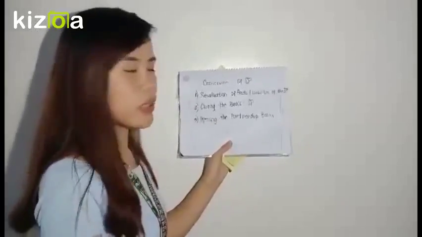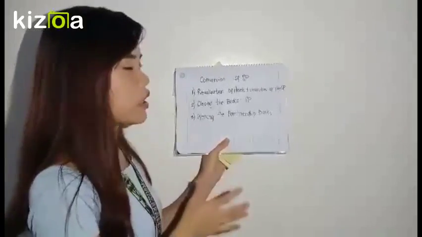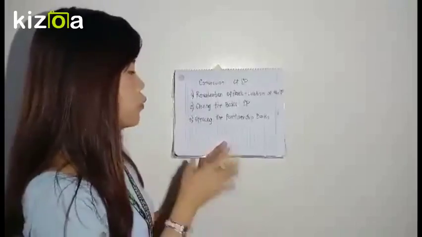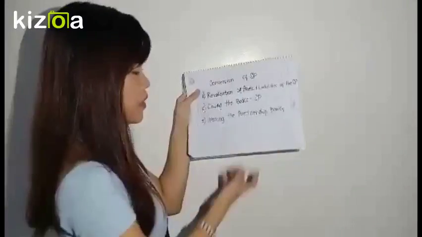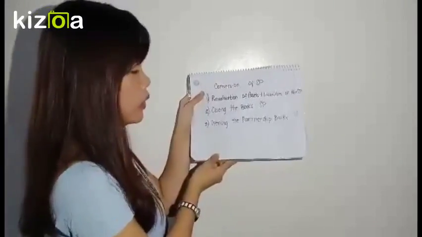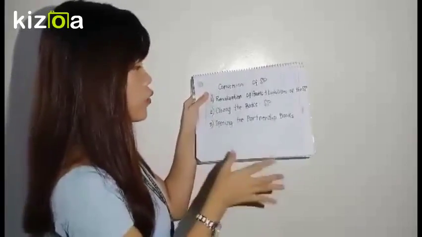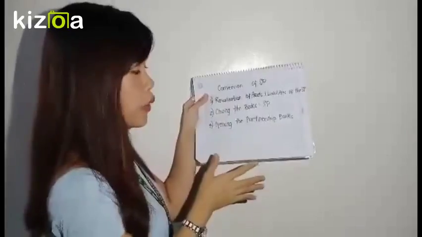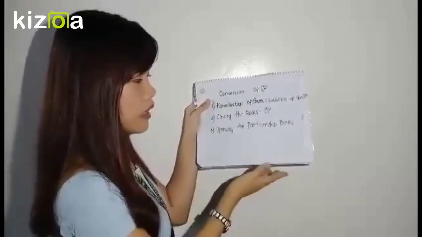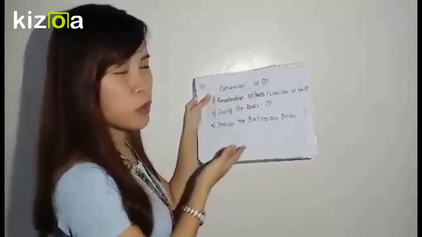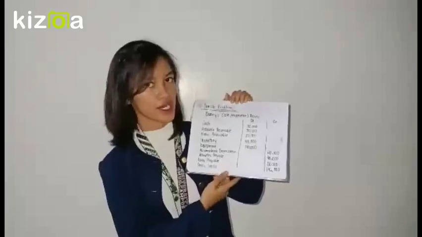That way, all the records would already be closed, and we are ready for the third step, opening the partnership books. In this step, we take all the records from the closing of the books of the sole proprietorship and add in the details of the new partners that will be included in the partnership.